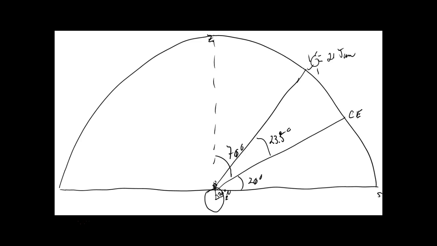Here, by the way, is the Arctic Circle, which is at 66.5 degrees north. Altegard is up here at 70 degrees north.